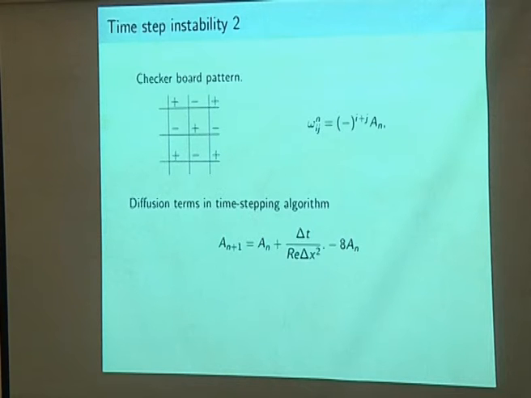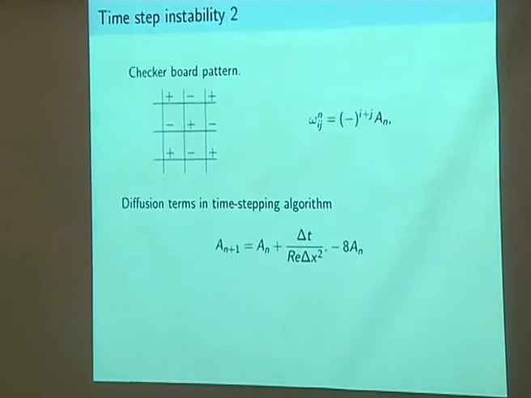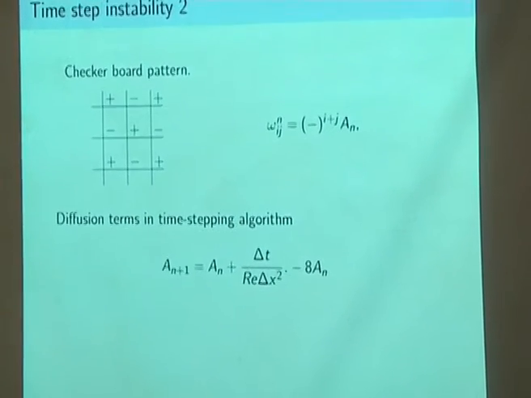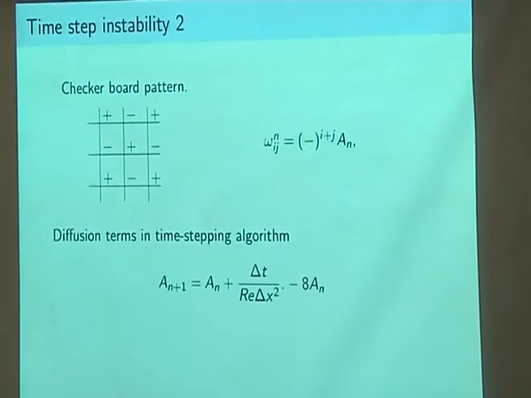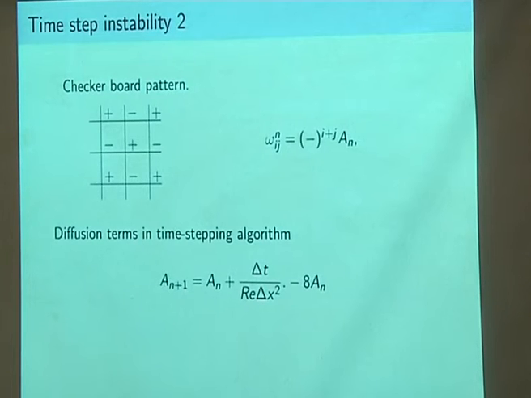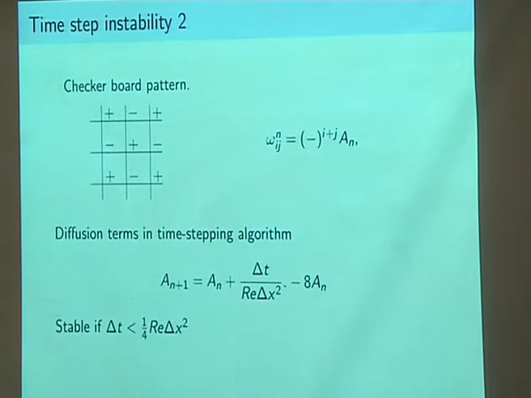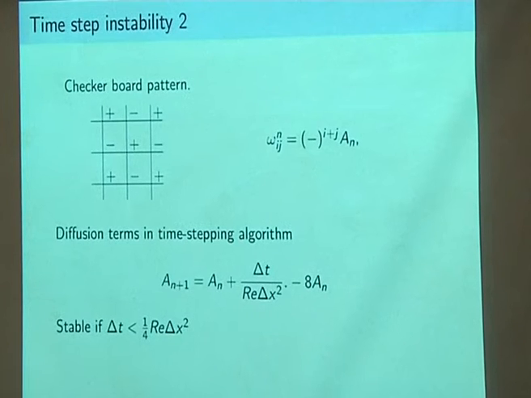So this is telling me the amplitude at time level n plus 1 is going to be the amplitude at time level n times 1 minus 8 delta t divided by the Reynolds number delta x squared. And if I want that to not grow, I need delta t to be less than a quarter times the Reynolds number times delta x squared.